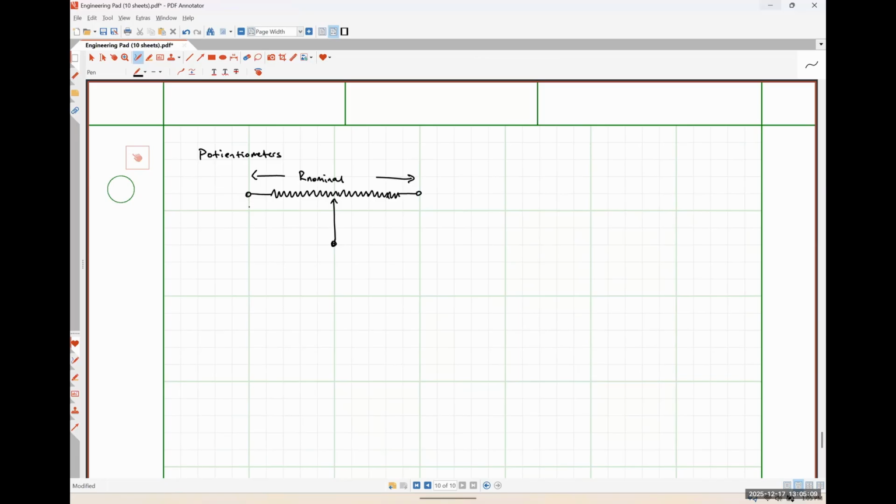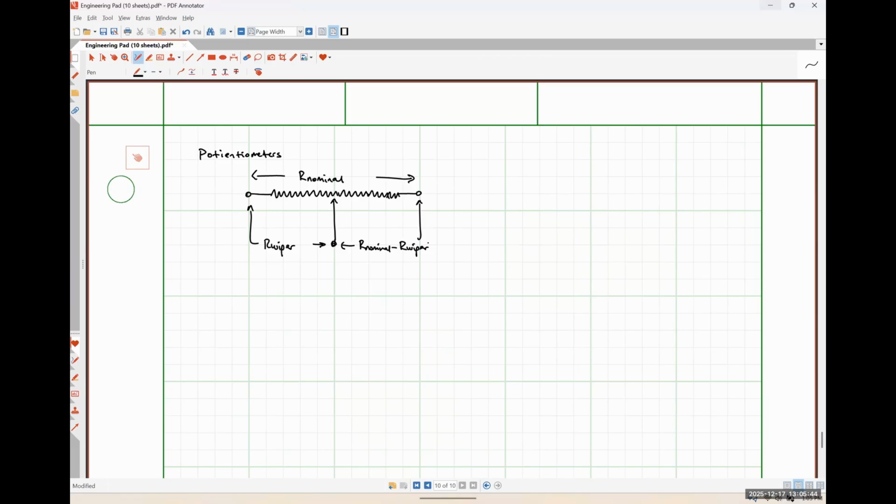So I'm going to call the resistance measured between here and here R wiper. And so the resistance measured between here and here is just going to be R nominal minus R wiper, because if we measure between the left and the middle and add that to between the middle and the right, it should add up to be the nominal resistance, okay?